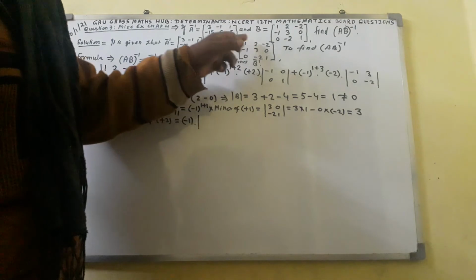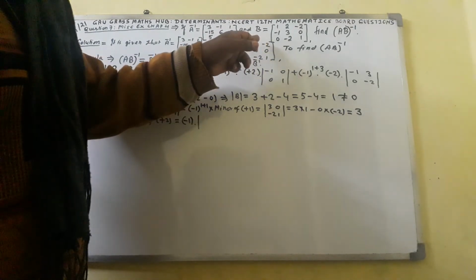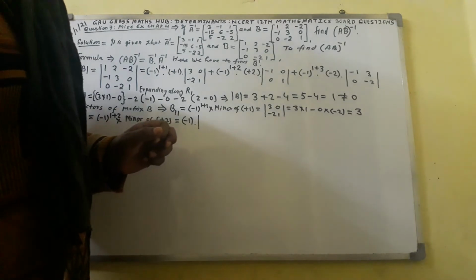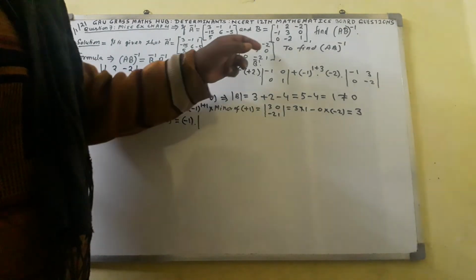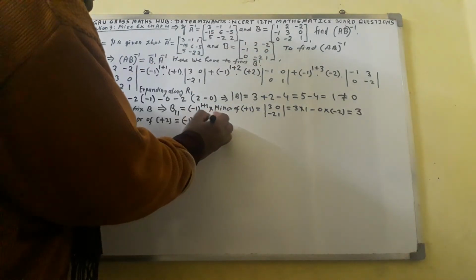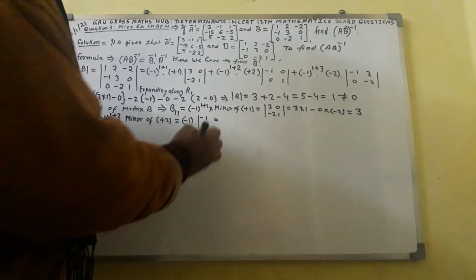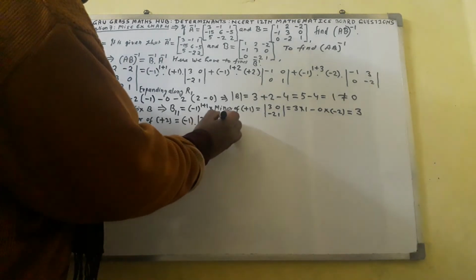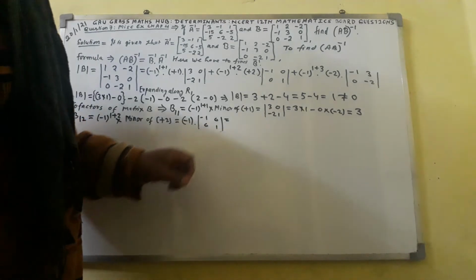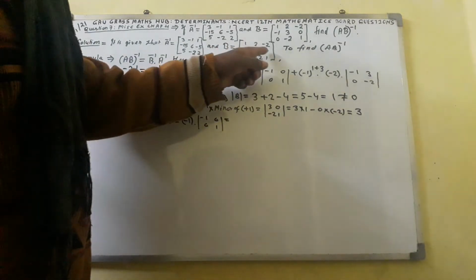So this plus 2 is there in first row and second column. That will be hidden. You will get the minor matrix of plus 2 here as -1 0, 0 1. It will be written -1 0, 0 1.